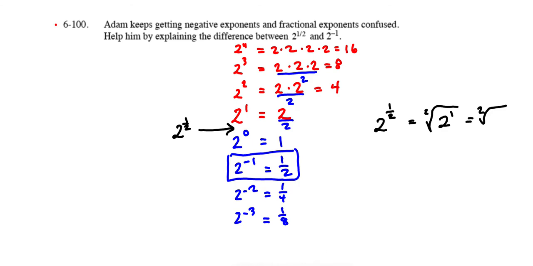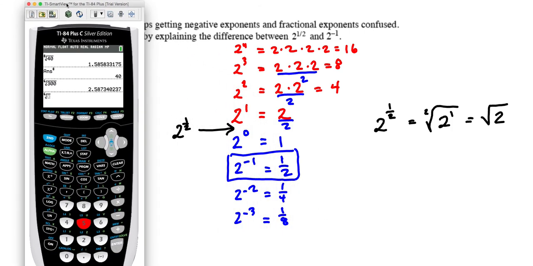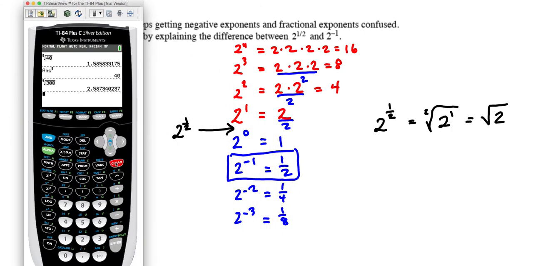Actually I meant to put my little 2 inside, because we don't write that 2 out there, and I don't want to make you think that we do. If we take our calculator out, let's do the square root of 2. See, that is a value of 1.414.